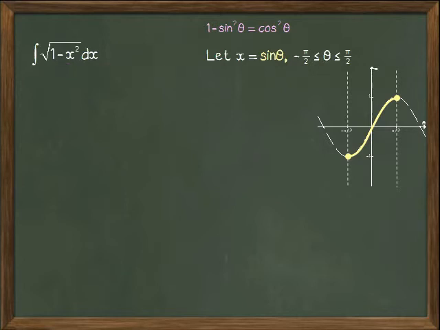Okay, so back to my substitution. If x is equal to sine theta, then dx is equal to cosine theta, and that would imply that dx equals cosine theta d theta. And now we are finally ready for our substitution.